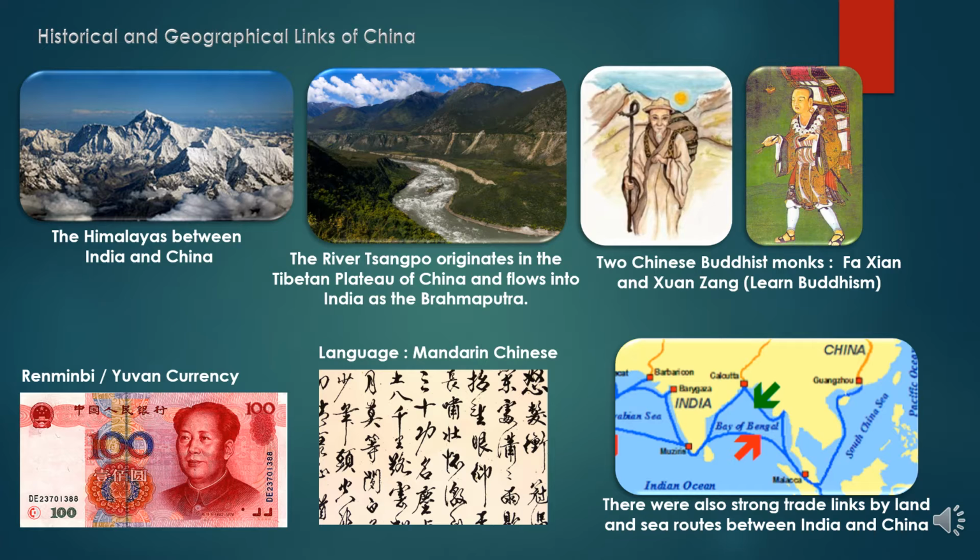These Chinese Buddhist monks, Faxian and Xuanzang, wrote in detail about their travels. The currency of China is renminbi or yuan, and the language is Mandarin Chinese. There were also strong trade links by land and sea routes between India and China.